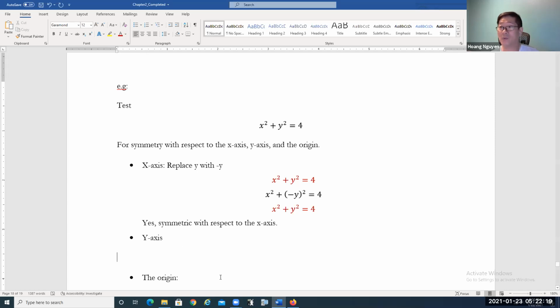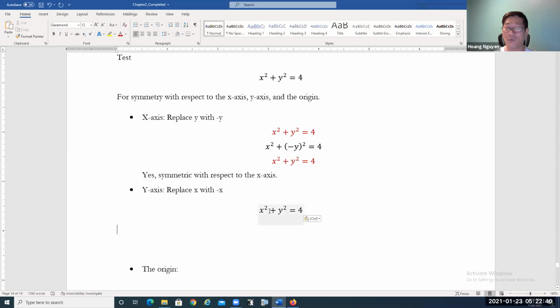Now the next one, we're going to test if this equation is symmetric with respect to the y-axis. If you want to determine that, we're going to replace x with negative x, right? We have the original equation, x squared plus y squared equals 4.